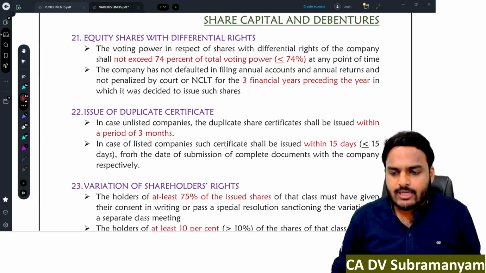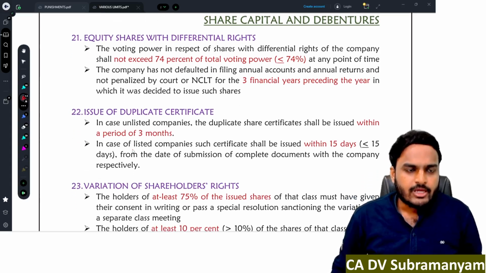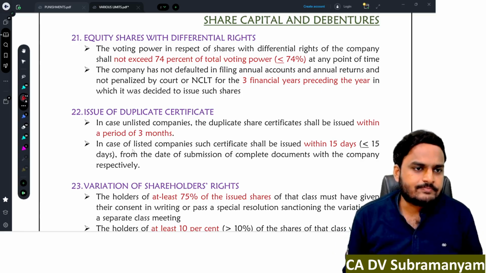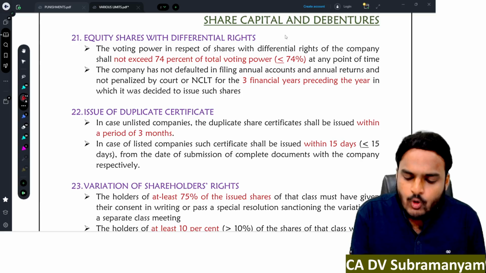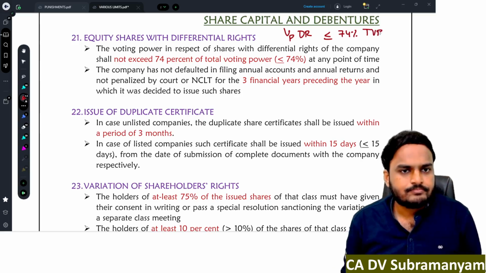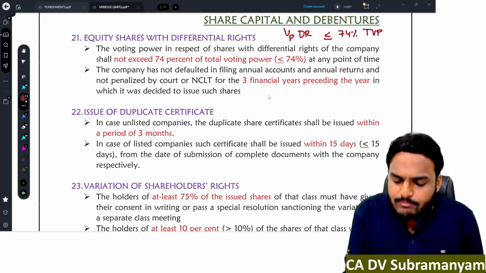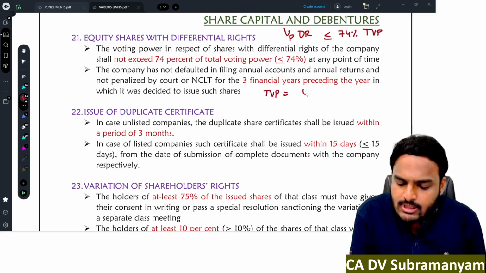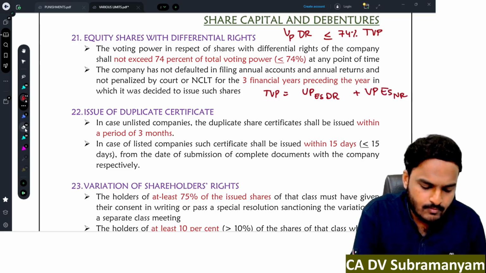Next one, share capital and debentures. Equity shares with differential rights. So the limit is voting power from differential rights shall not exceed, that means less than or equal to 74% of total voting power of the company. So total voting power means generally what? Total voting power means voting power from equity shares with differential rights plus voting power from equity shares with normal rights.